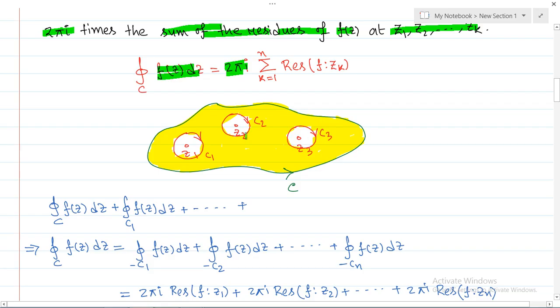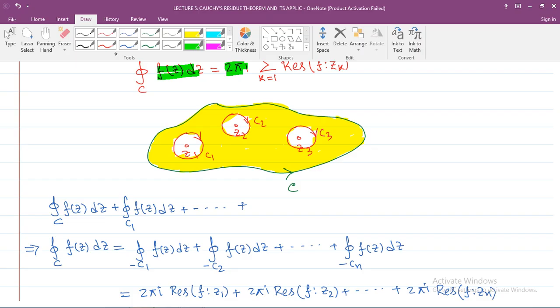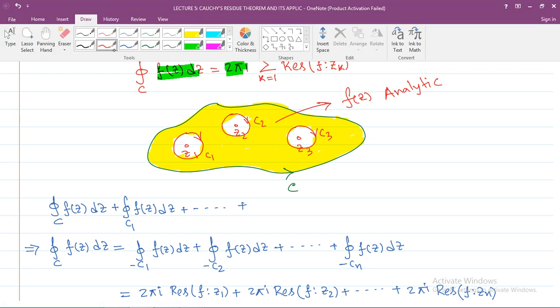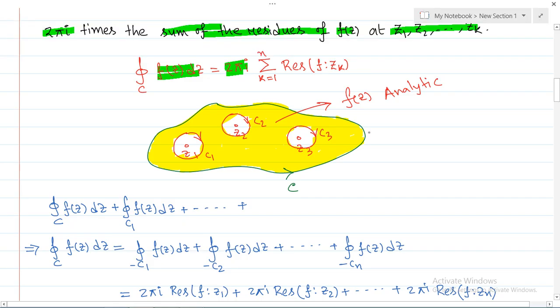It bounds one region, and inside this region the function f of z is fully analytic, except at some finite number of points, say z1, z2, z3 up to zk, k points at which the function has a singularity. Then how will we be able to do the integration of f of z over this closed curve C?